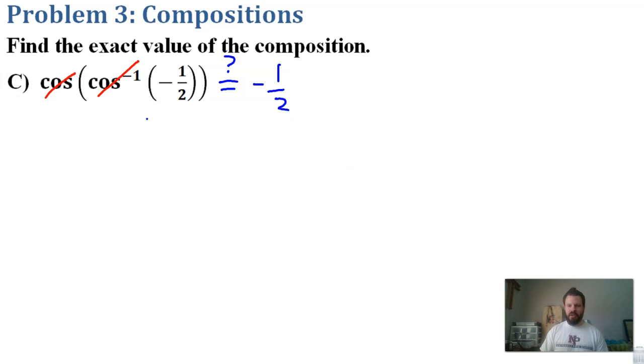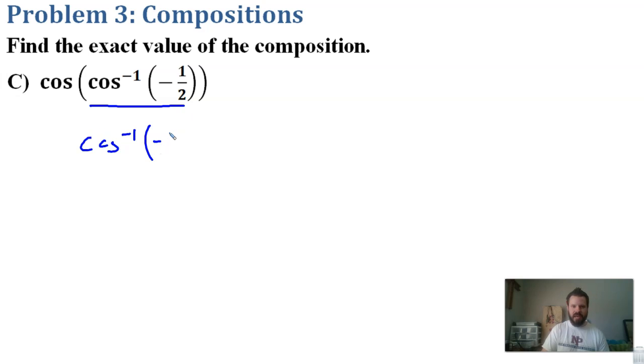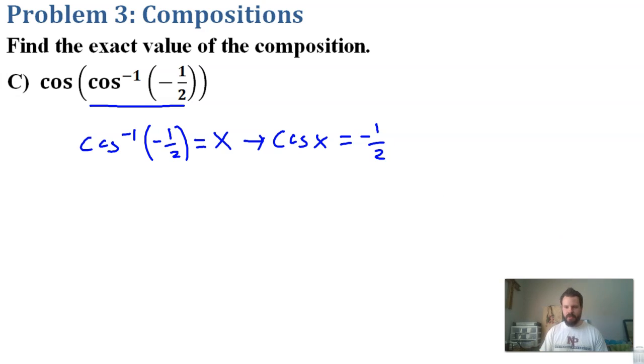All right, what I want to take a look at is, does it work that way? I'm going to say in this case it does, but I also want to show you a case where it doesn't work. So let's go ahead and do this problem. Again, starting on the inside here, I want to know what the cosine inverse of negative 1/2 is. Let's say that's some x. That means the same thing as cosine of x equals negative 1/2.